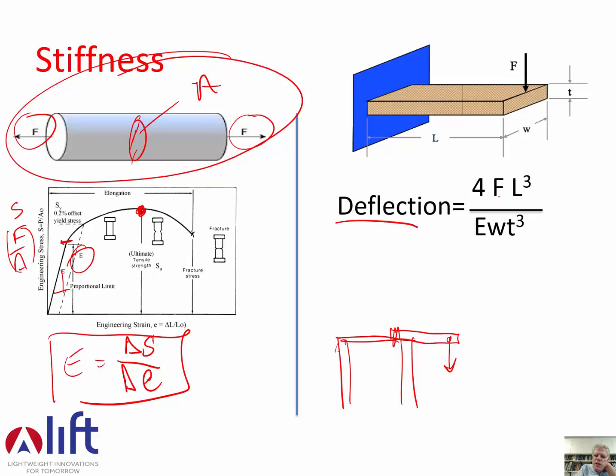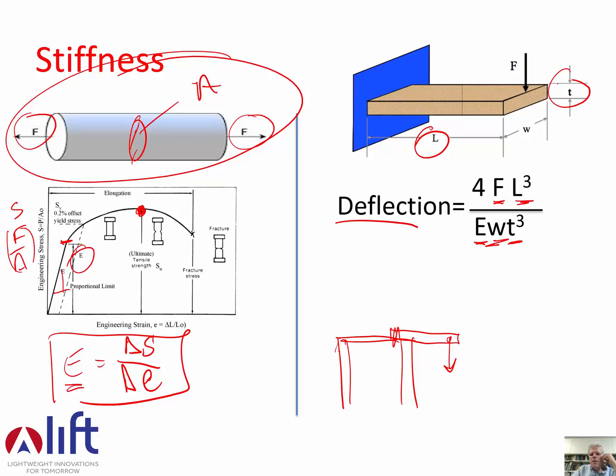The deflection scales with force, scales with L cubed, where L is the length, goes as 1 over E, where E is this modulus. It goes as 1 over width here, and it goes with 1 over T cubed.